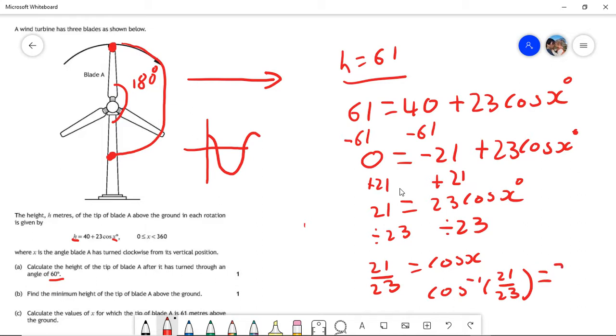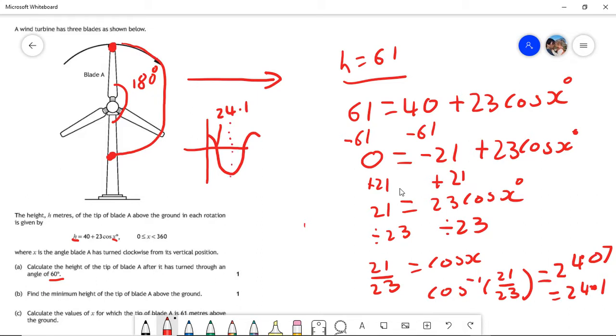Okay, so that's going to be 24.07. So I'm going to write that to 24.1 here. 24.1. So again, what we've learned here is this is going through at 24.1.